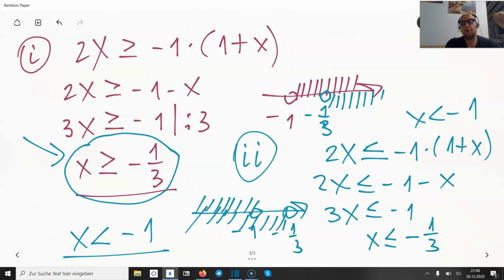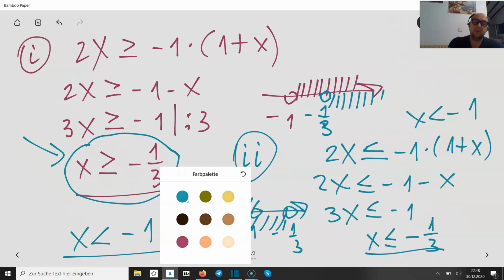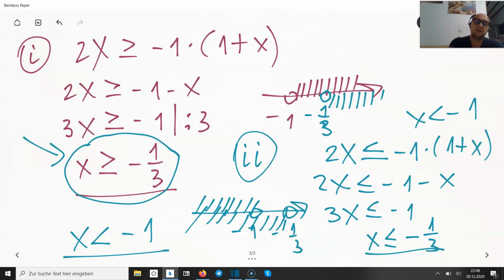But remember, we also have the second case, and we must fulfill both cases at the same time. The second case is telling us we are less than minus a third and less than minus 1. So the solution, in order to fulfill them at the same time, is to take minus 1.